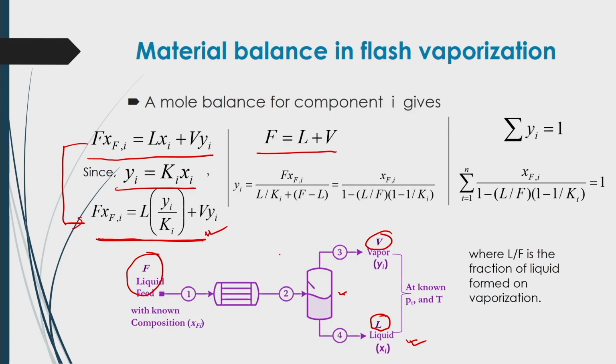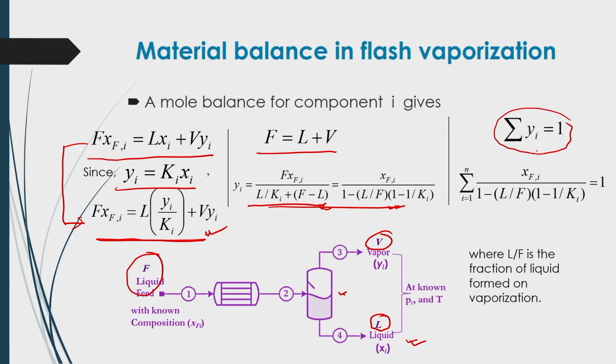Now from this equation we can simply express yi, after rearrangement, as xFi by 1 minus L by F into 1 minus 1 by Ki. At equilibrium condition, in the vapor phase all the component compositions sum up to 1, so the summation of yi is equal to 1.